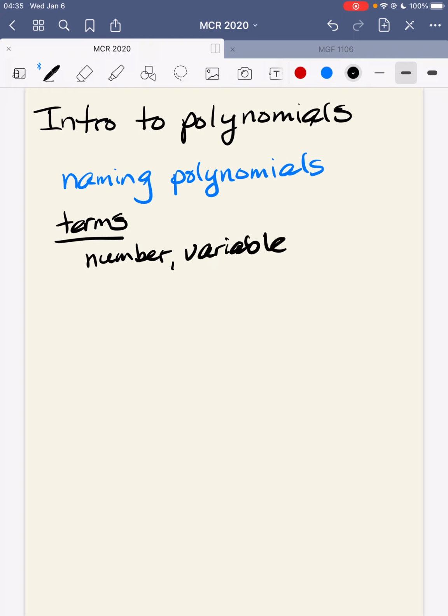Usually there's one, but sometimes there can be more. That variable could have an exponent. And then, of course, that number could be positive or negative. It's an integer, so take into account the signs. And terms are separated by addition and subtraction.